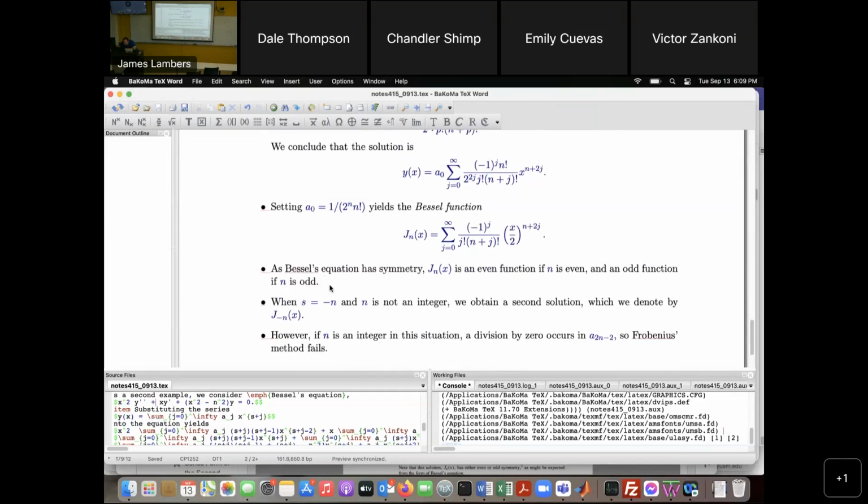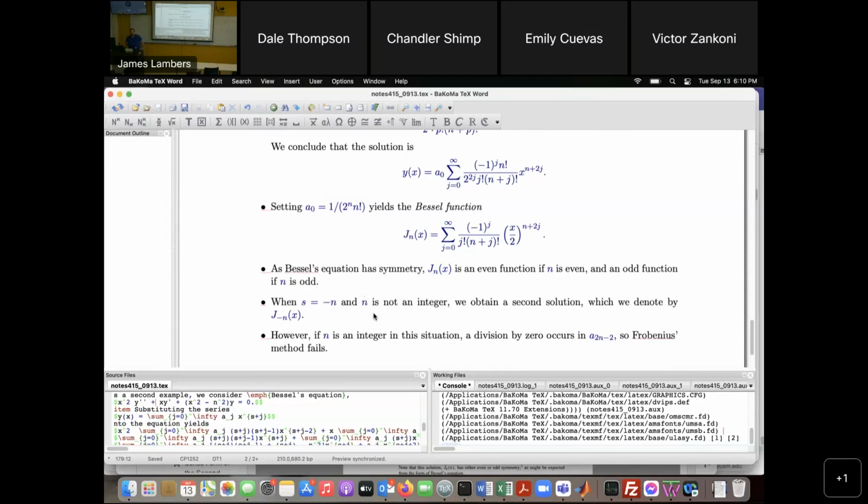Now, all this time I've been considering the case of s equal to n, where n is assumed non-negative. Now, if n is not an integer, we can replace s with minus n. We can go through this whole process again, which I won't do, and that gives J of minus n of x. But if n is an integer and we consider the case of minus n, Frobenius' method will fail.